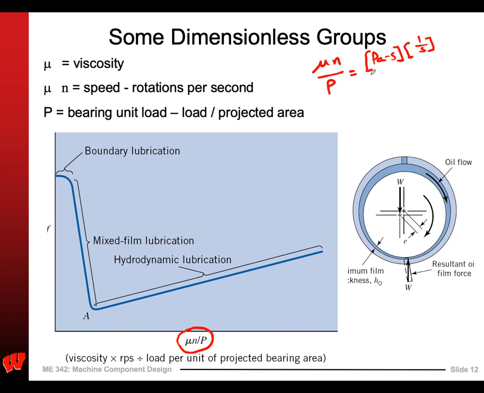Remember, radians are actually dimensionless. And down here is the pressure, which is the total load divided by the projected area, which is D times L. So D is the full diameter here, and L is how long.